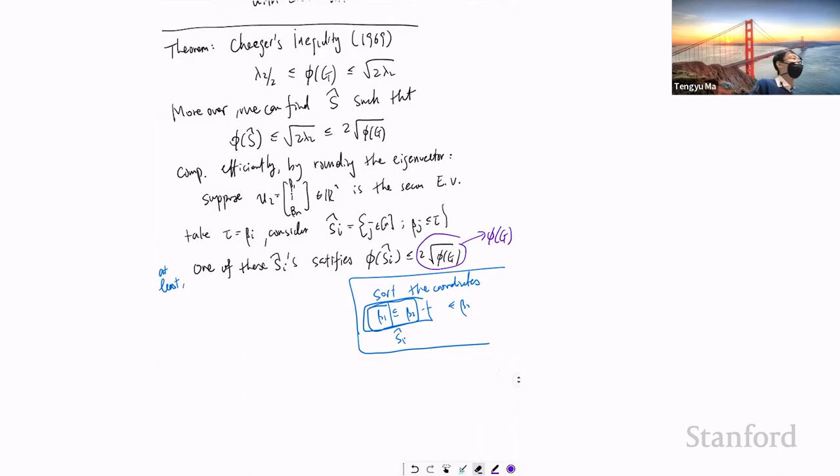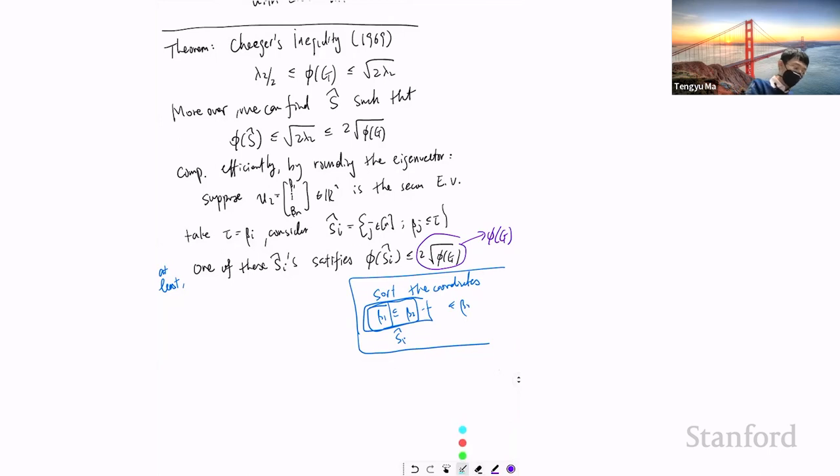You just care about the comparison of the cut to the cut of G. It's not significant that it's square root 2 lambda 2, other than that it lets us show this inequality.